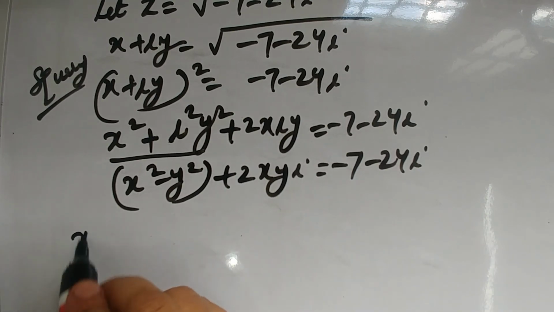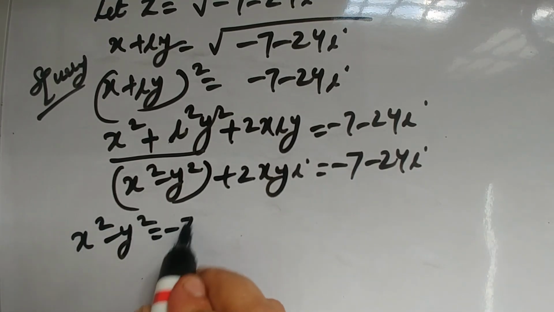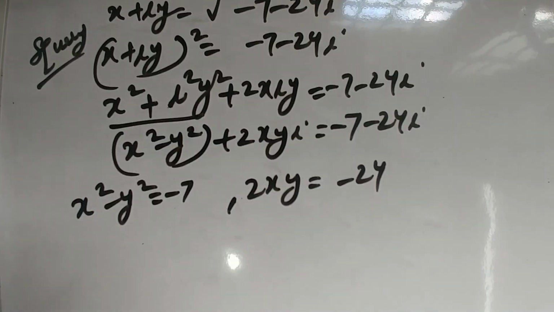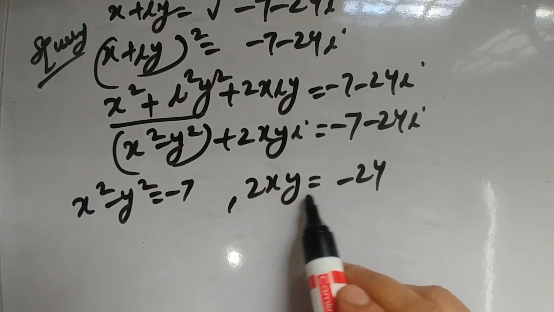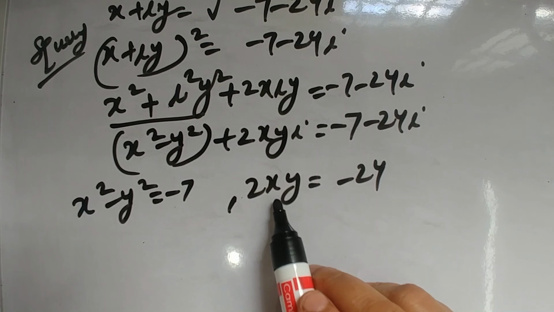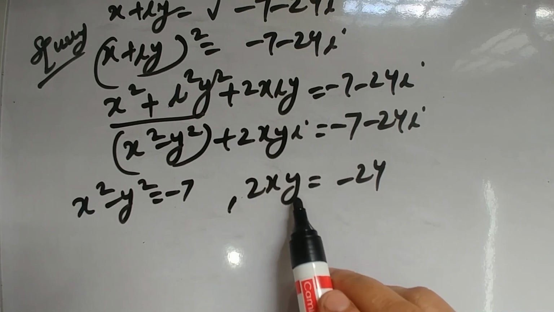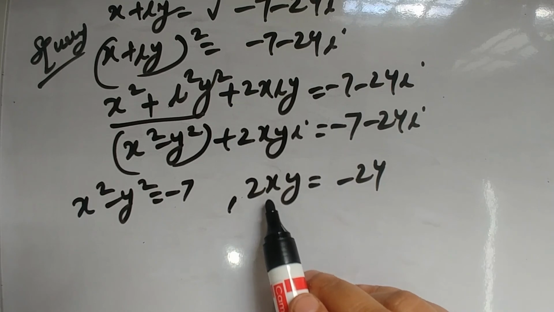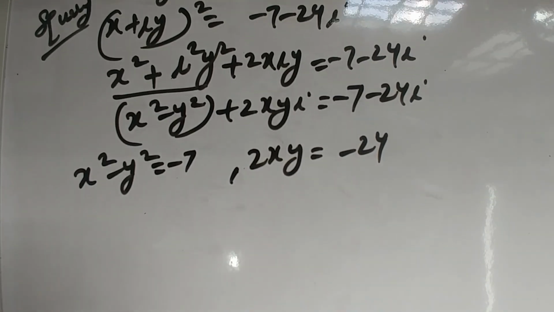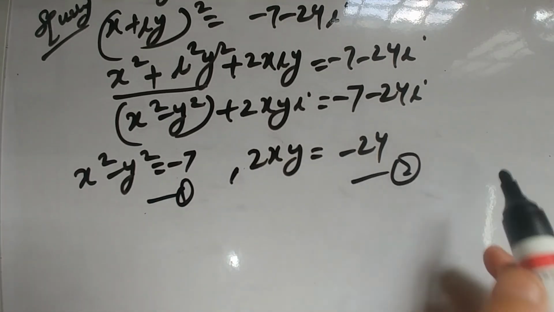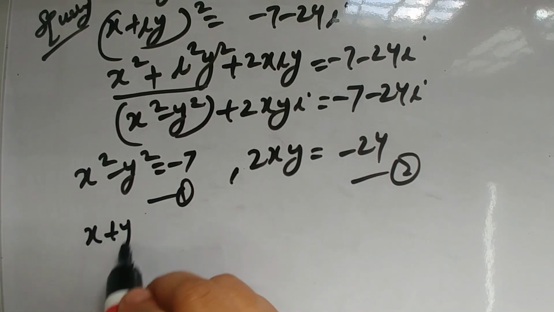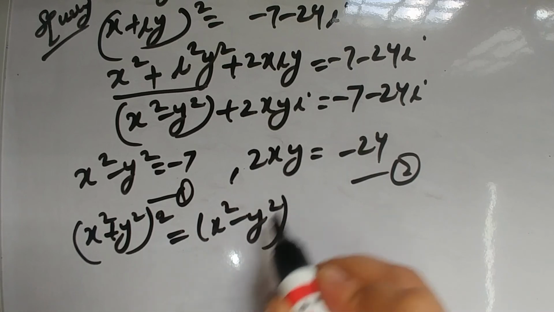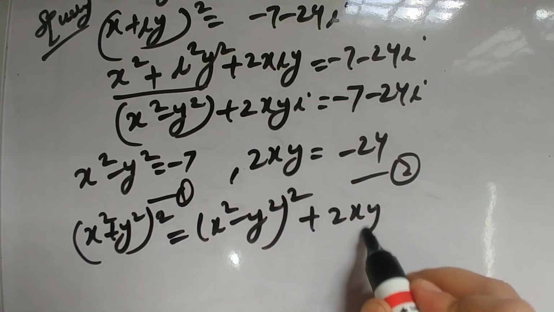Okay, so x² minus y² is minus 7 and 2xy is minus 24. So again, as the product is negative, when x is positive, y is negative, and when x is negative, y is positive. Okay, so this is your number 1, this is number 2, and now I will use the formula. (x² plus y²) whole square is (x² minus y²) whole square plus (2xy) square.